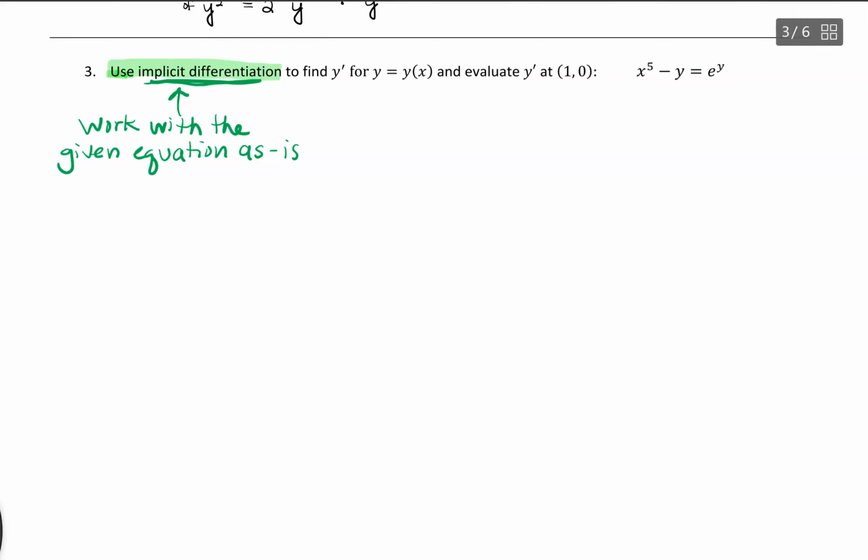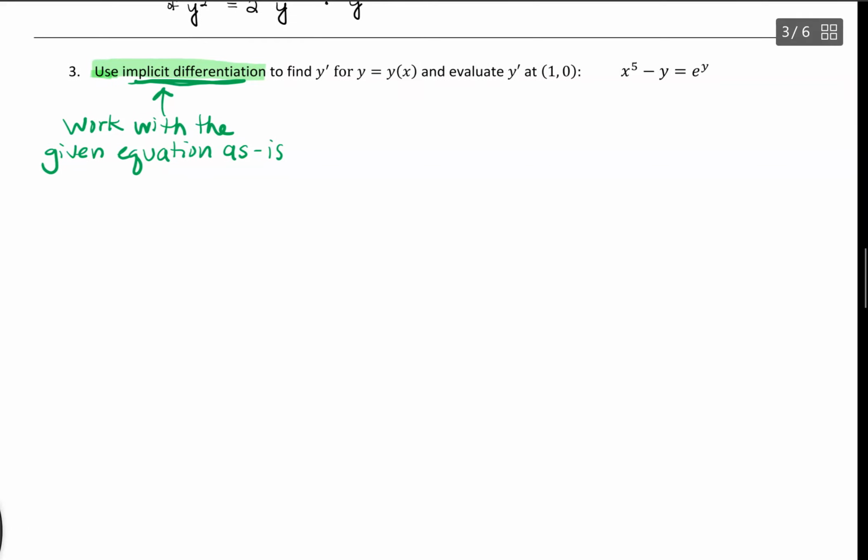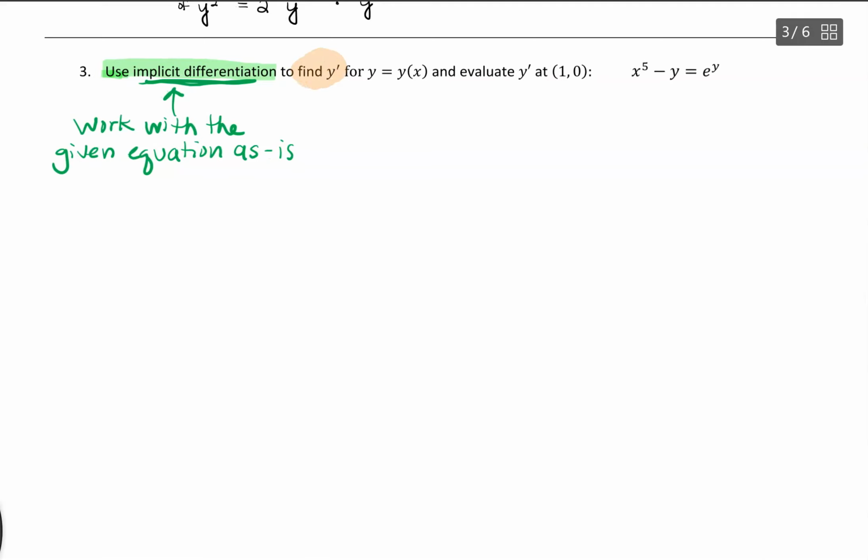Okay? And what MyMathLab might do is they might just say, find y prime and stop. I'm going to give you this extra information with function notation. The reason why I'm going to do that is because it helps you see that x is the input variable.